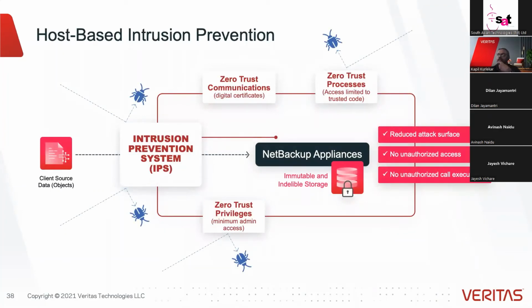NetBackup has all of these capabilities, host-based intrusion prevention with the NetBackup appliances. You have the IPS, intrusion prevention system, that is built into it, right? What often gets overlooked is the host-based intrusion prevention capabilities of NetBackup, including NetBackup appliances, including the Flex and the FlexScale appliances.